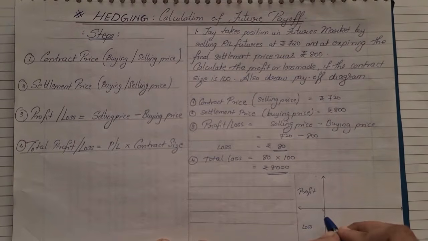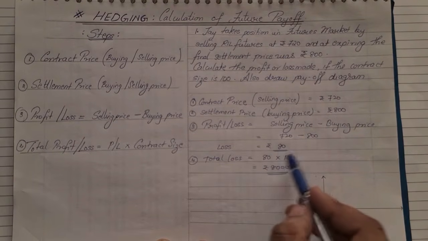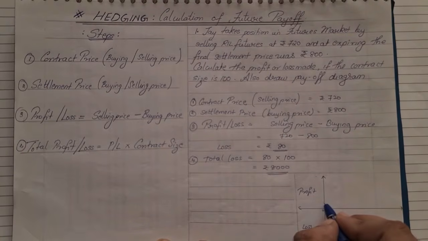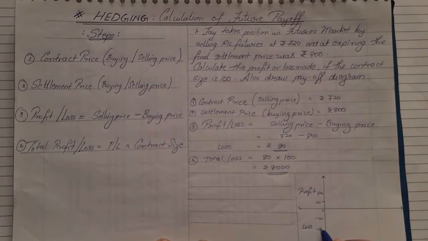We'll start with 0. Since the loss is 80 per unit, we have to go with per unit. So we'll take a gap of 40: you have 40, 80, and negative 40, negative 80.